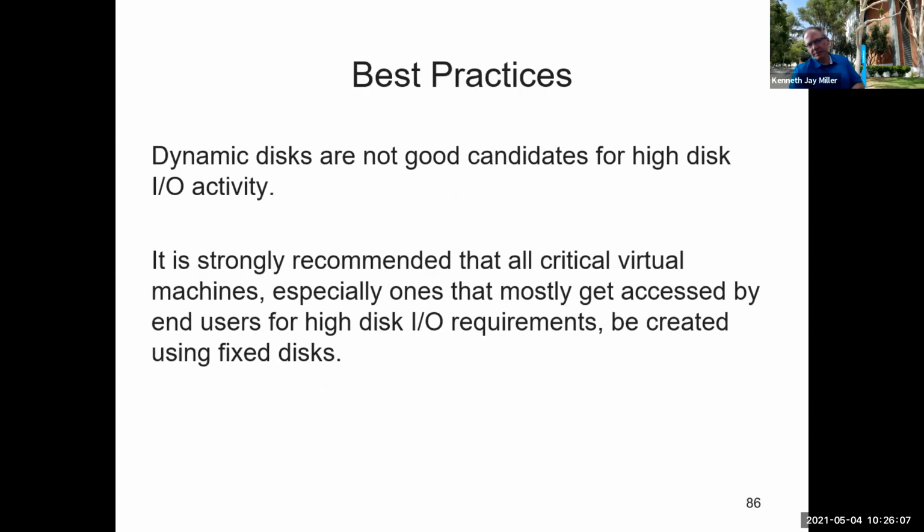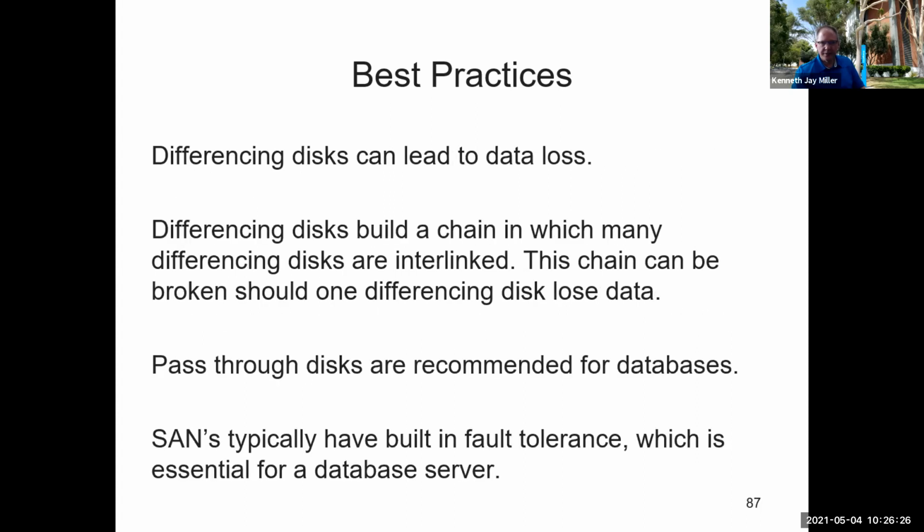Okay, so some of the best practices: dynamic disks are not good candidates for high input-output, and it's strongly recommended that all critical virtual machines, especially ones that are mostly accessed by end users, are created with fixed disks. And differencing disks can lead to data loss, which means that they can build a chain in which many differencing disks are interlinked.